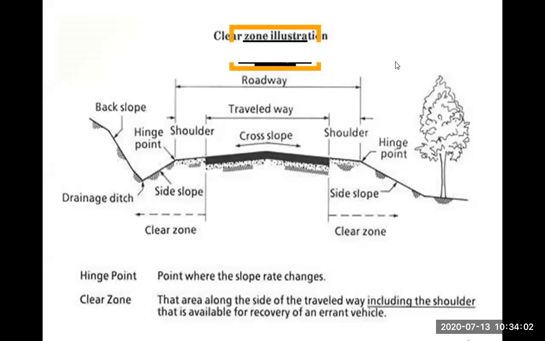I think there is some problem. Okay, if you look at the first part here, cross slope. This is the first cross section element of that highway. See this cross slope. It is not a straight or flat surface. Please remember, no road is completely flat or completely straight. There is some kind of slope provided, and we call it a cross slope.